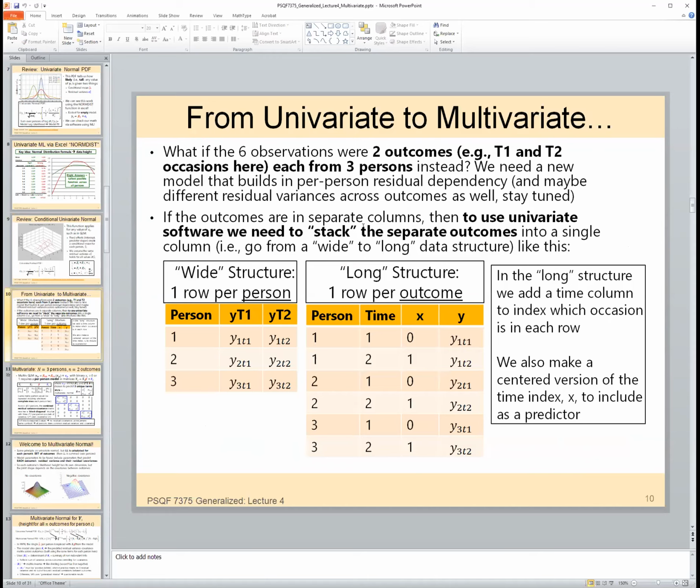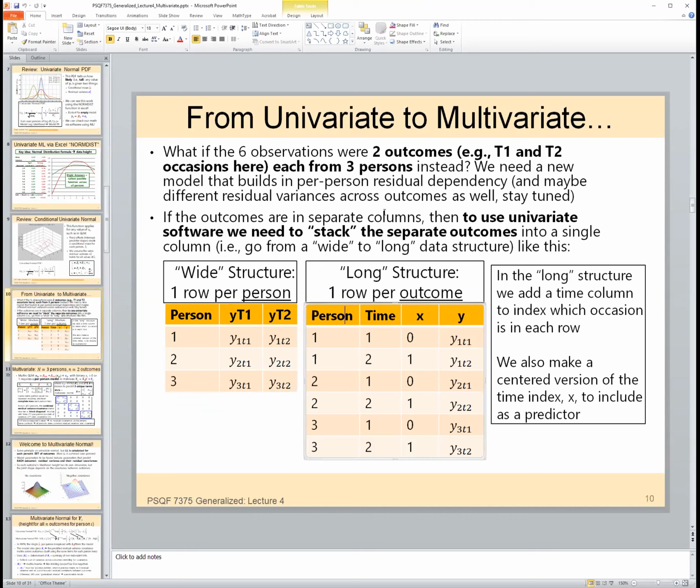So in order to use SAS and Stata, GLM, or mixed, or any of the things that we've been using so far, we have to take what is multiple outcomes, which would normally be stored in separate columns, and convert the data structure into one in which all of the outcomes are in a single column. Multivariate data are typically stored in this type of wide structure here. It's one row per person, and separate outcomes for the same person show up in separate columns. We have to take a data structure that looks like this and instead make it look like this.